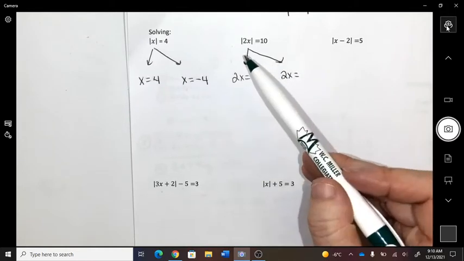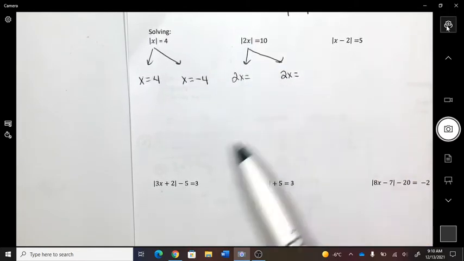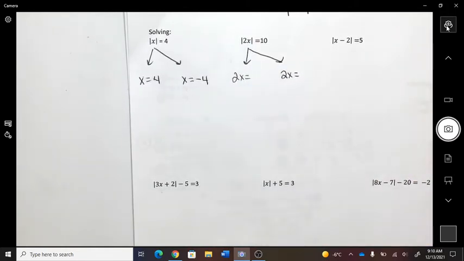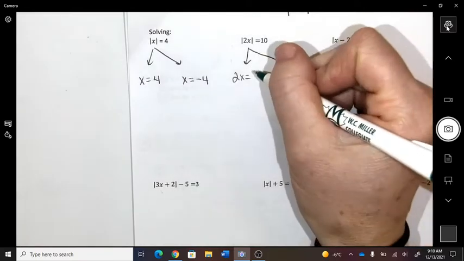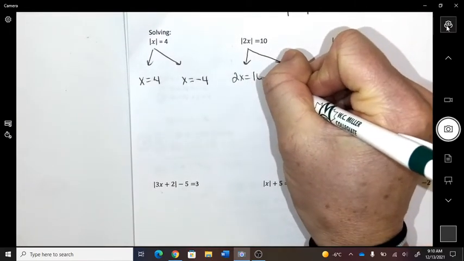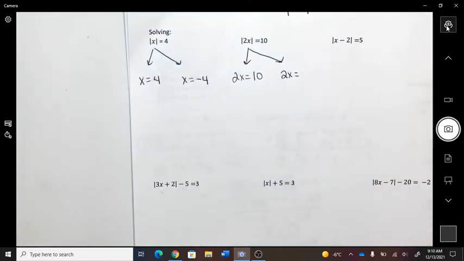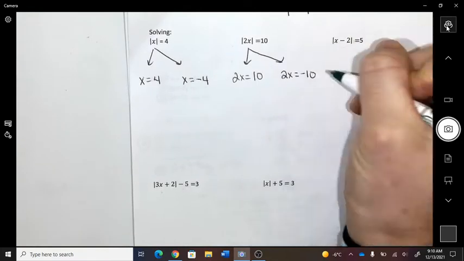Next. So 2x is inside the brackets. So I'm just deciding right now, what could I have inside the brackets? What absolute would give me 10? If inside the brackets was a 10, or if the inside of the bracket was a -10.